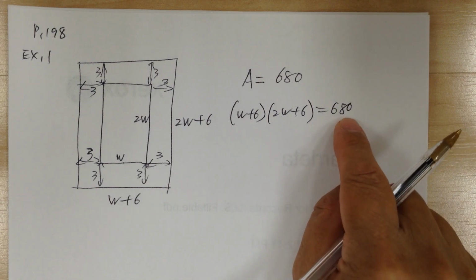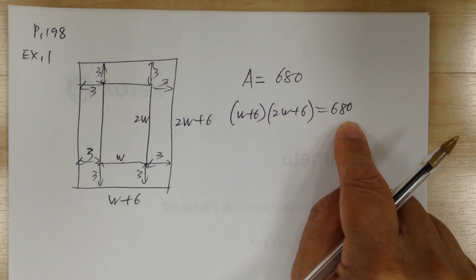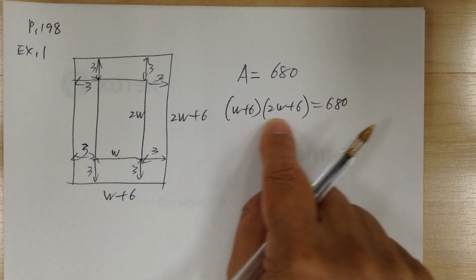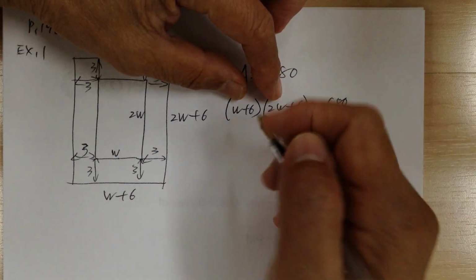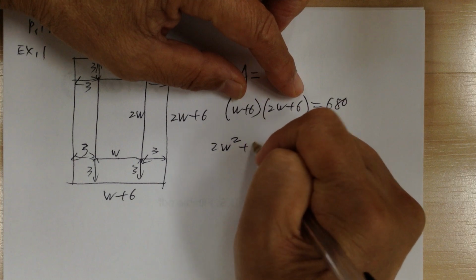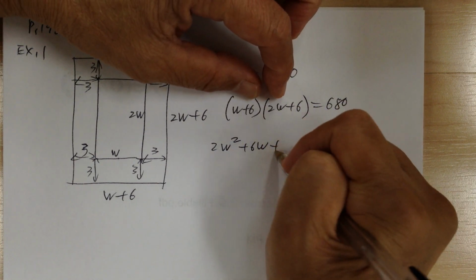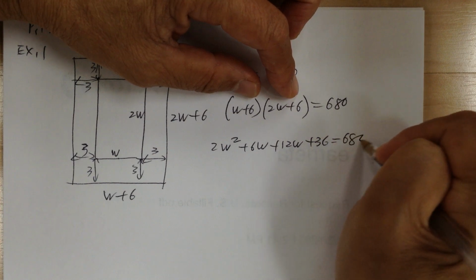Notice that this is factored, but the factoring is no good because it's not equal to 0. So first, you need to undo the factoring and make it equal to 0. That means we distribute, or multiply. So this would be 2W squared plus 6W, then plus 12W, plus 36 equal to 680.